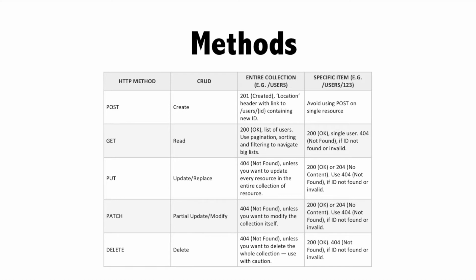Any client can use any method, and the server can be configured to support any combination of methods. If a method is unknown to an intermediary, it will be treated as an unsafe and non-idempotent method. There is no limit to the number of methods that can be defined, and this allows future methods to be specified without breaking the existing infrastructure.